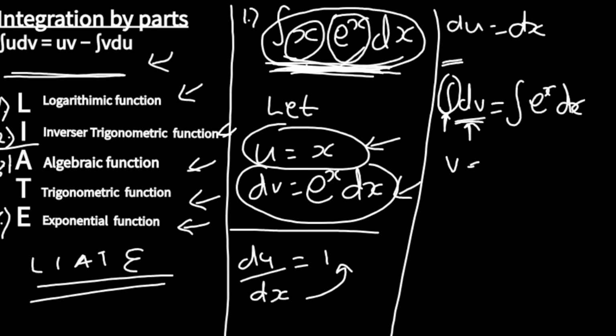We remain with v. So what is the integral of exponential x? The integral of exponential x is still exponential x. When you're done finding the integral, here we have our v and we have our du. We can erase this part.